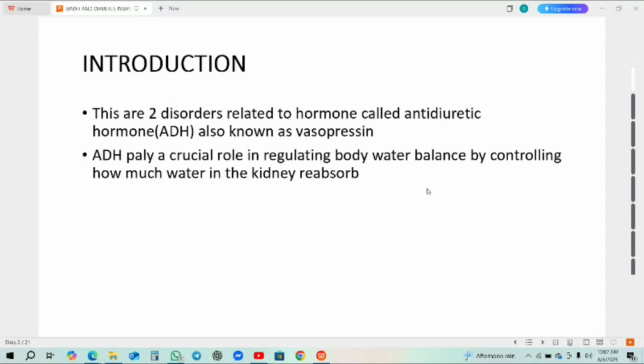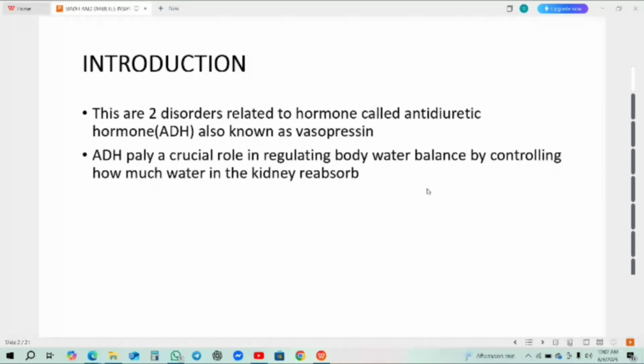These receptors activate the cyclic AMP signaling. That signaling initiates the insertion of aquaporin 2 water channels, which allows water to enter from the tubules.